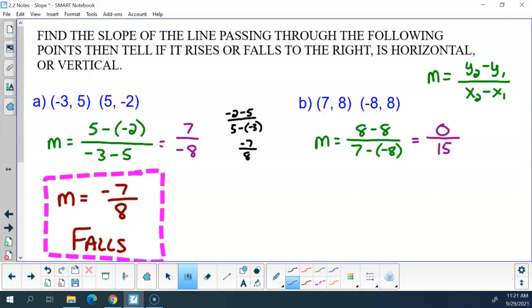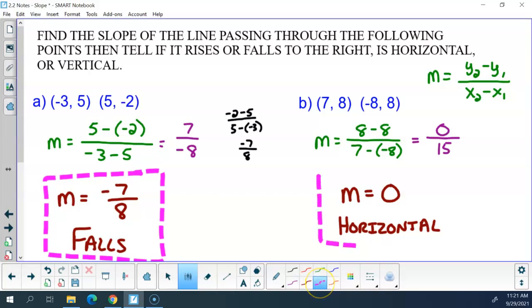It's 0. Yep. Slope is 0. Which means it's what kind of a line? Horizontal. A horizontal line. So I was right.